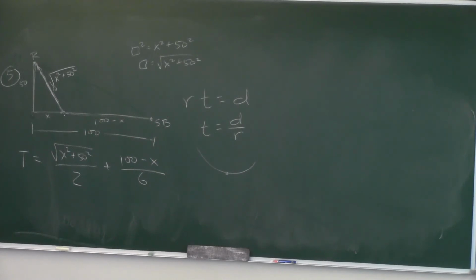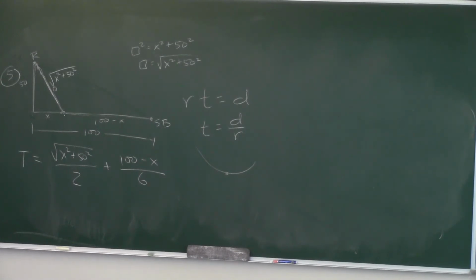Square root. I'm not really fast with this. X squared plus 50 squared. You guys want to write 50 squared, or you guys have the ganas to go 2,500?